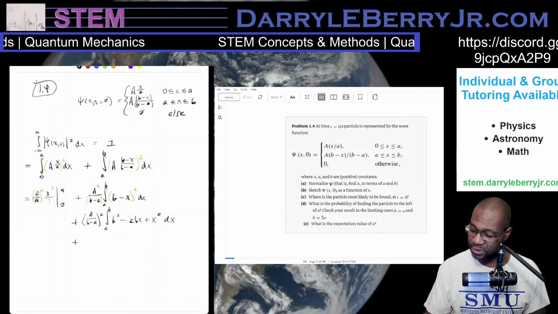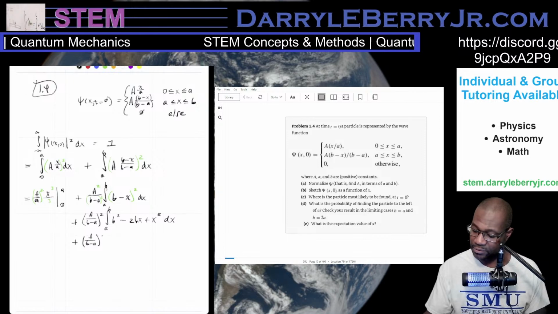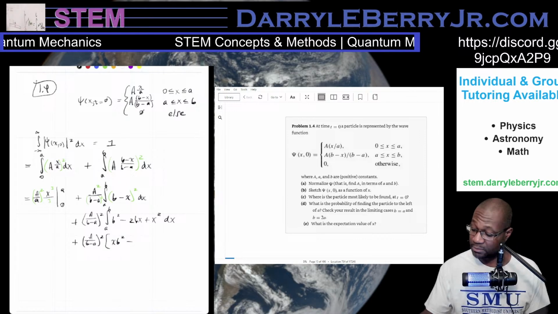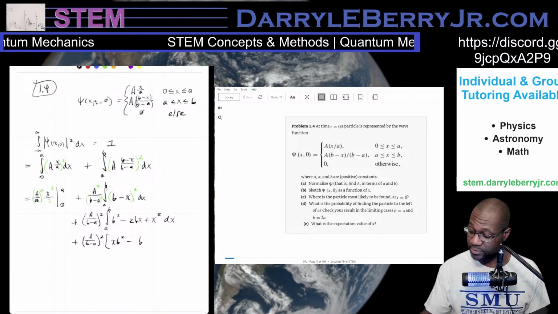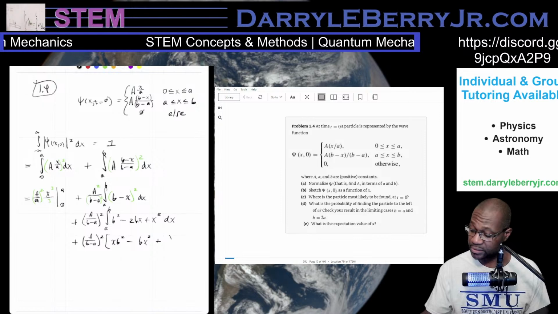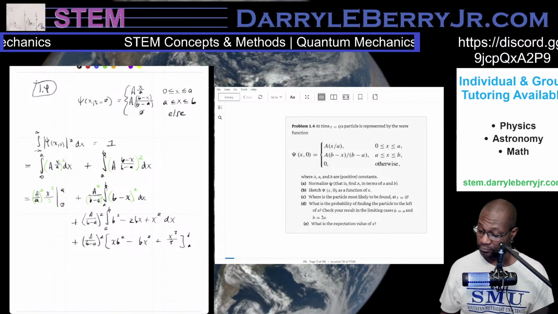So then we have plus a over b minus a squared, and this times x, b squared minus bx squared, when divided by 2, the 2 goes away, and this is going to be plus x cubed over 3 and ba.